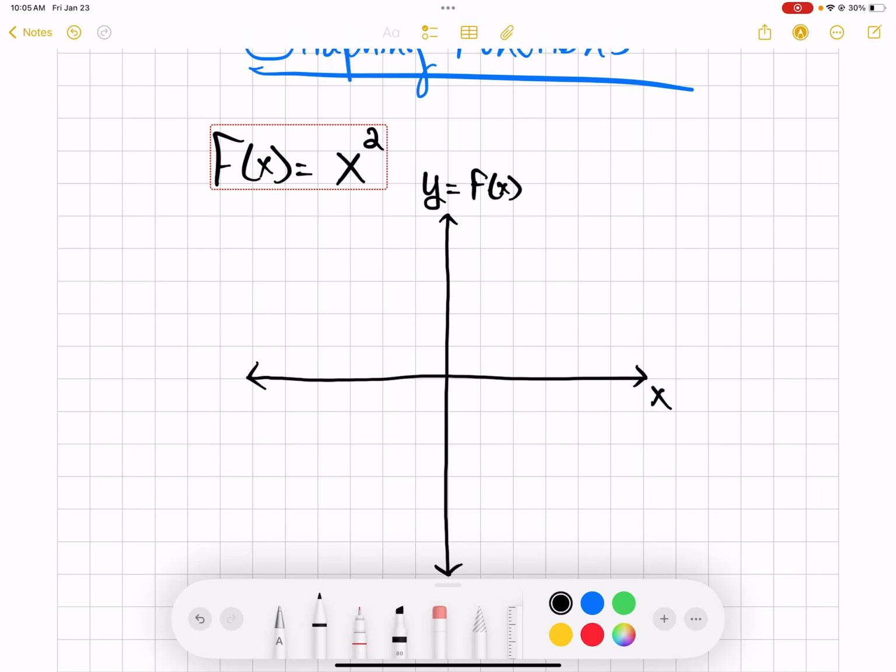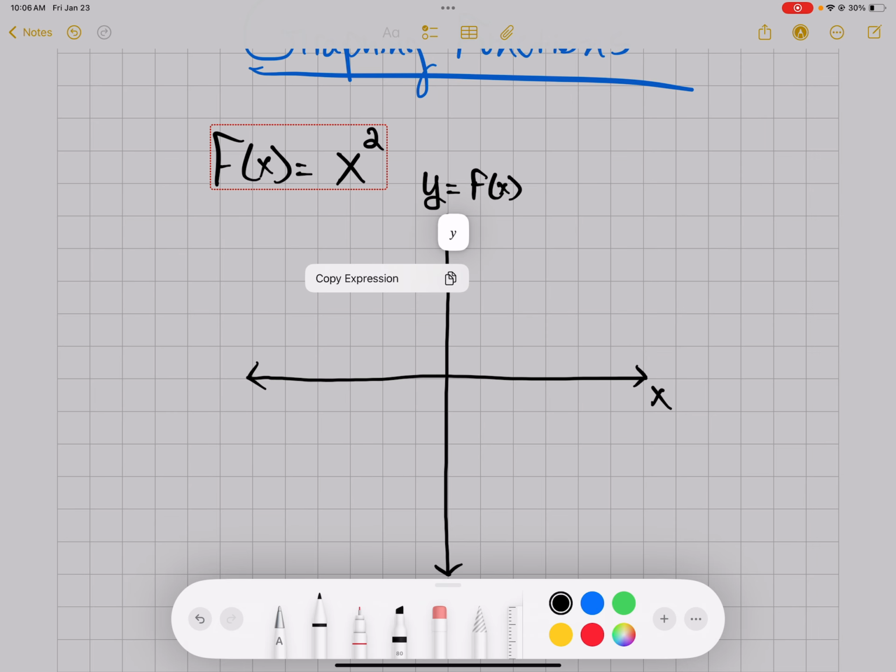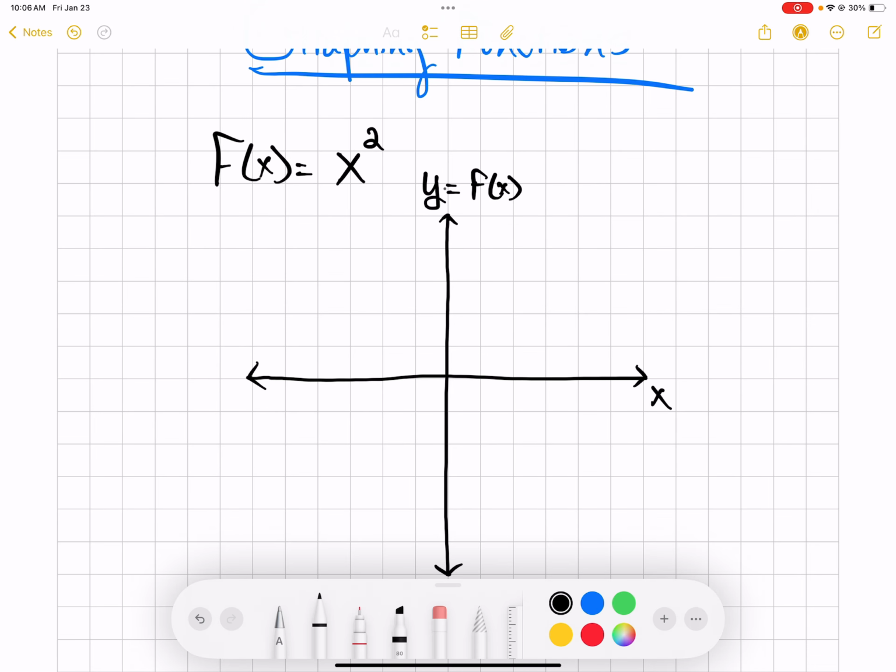We don't call this the f of x axis. We call it the y-axis, and the y values are the outputs of the function. So that's some common notation that you'll see.